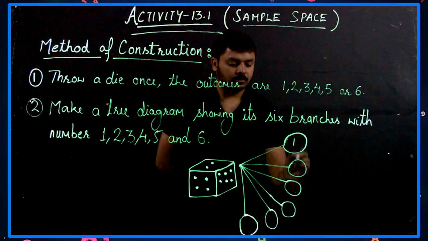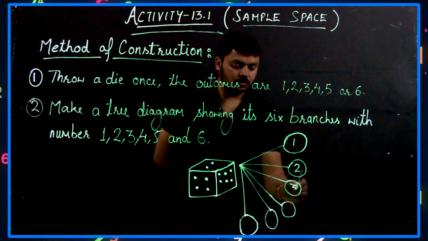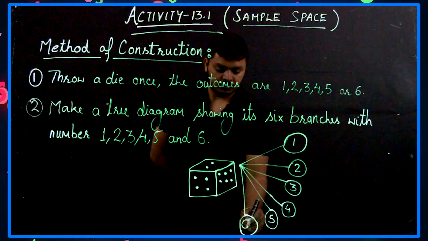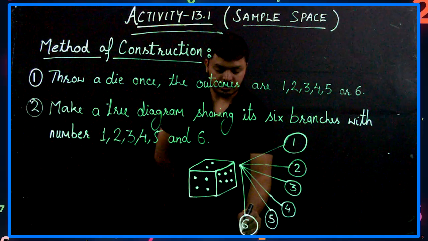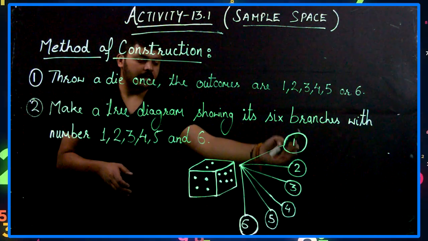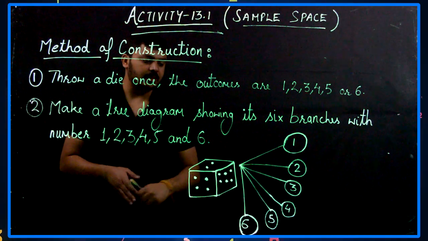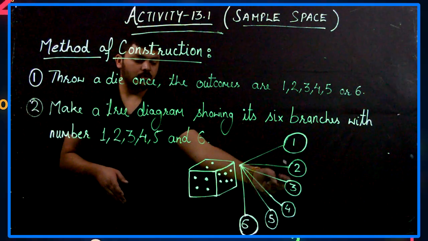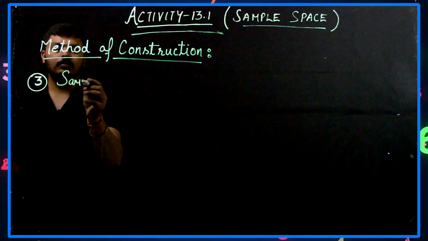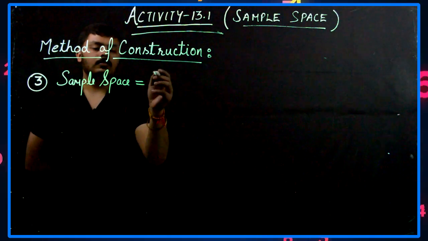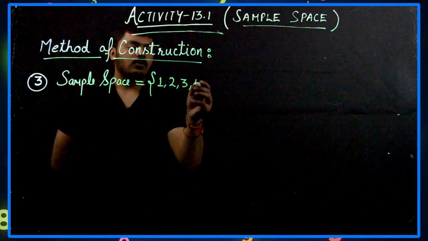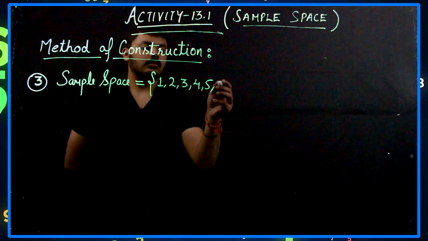1, 2, 3, 4, 5, 6. That is the numbers that are on each face of the dice. So this is the tree diagram. These are the 6 branches, that is the 6 faces containing the numbers 1, 2, 3, 4, 5 and 6. So now our sample space is 1, 2, 3, 4, 5 and 6.